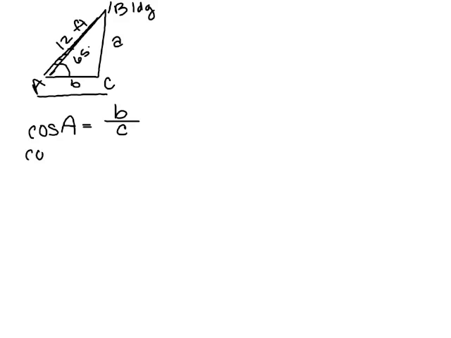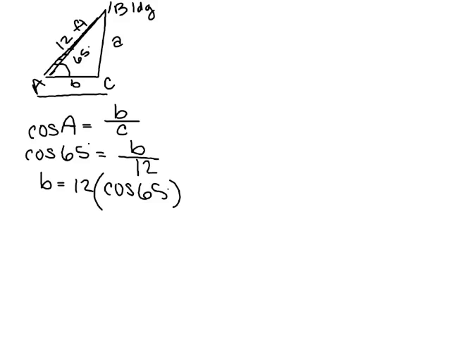Then I know this is a 65-degree angle. I'm trying to find the side length of B. My hypotenuse is the 12-foot ladder. Multiply each side of the equation by 12. So B equals 12 times the cosine of 65 degrees. 65 cosine times 12 equals.